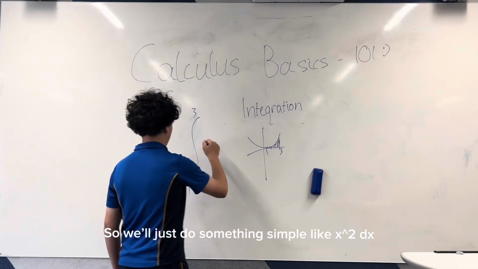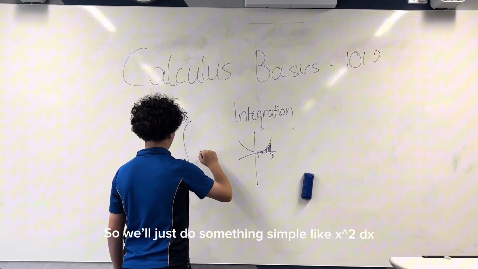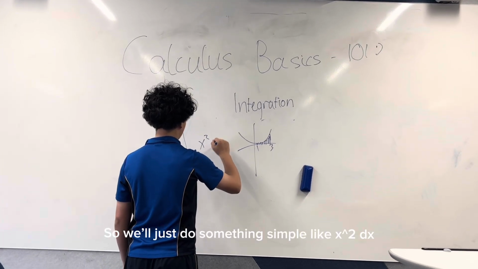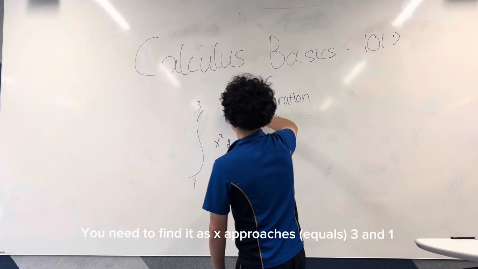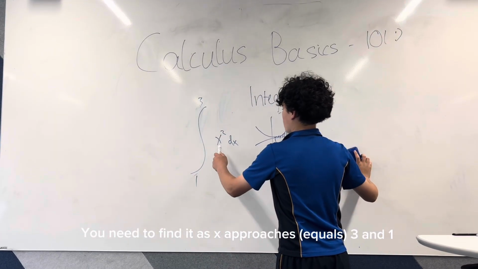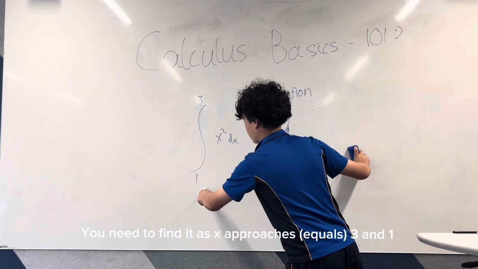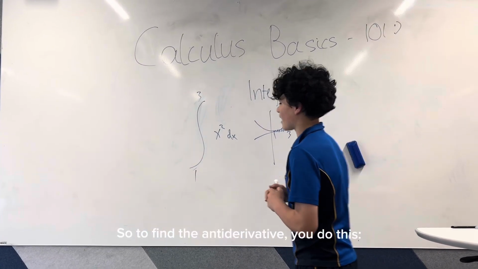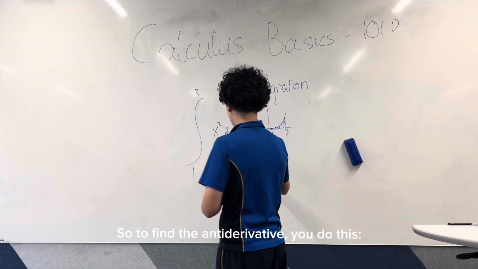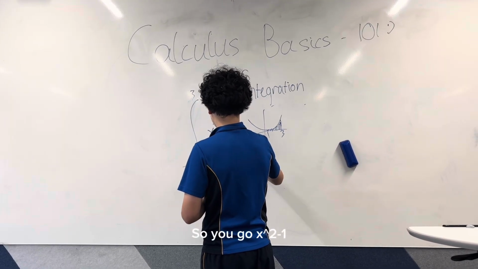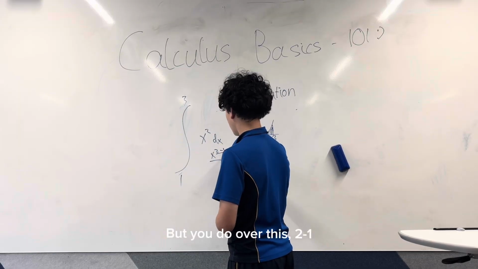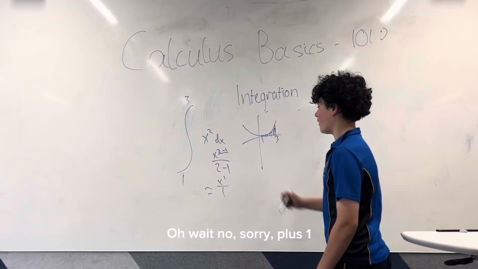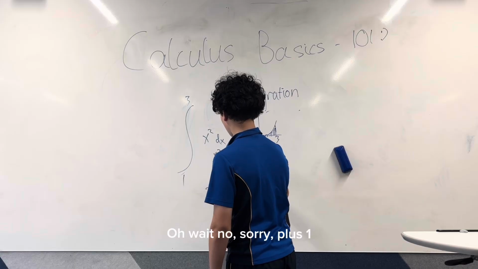We'll just do something simple like x squared dx. So you need to find it as x goes from 1 to 3. To find the antiderivative, you go x to the power of 2 plus 1, over 2 plus 1. Oh wait, no, sorry, plus 1.